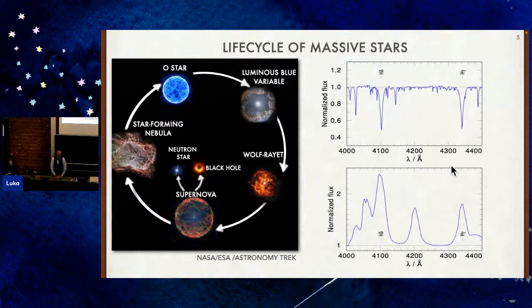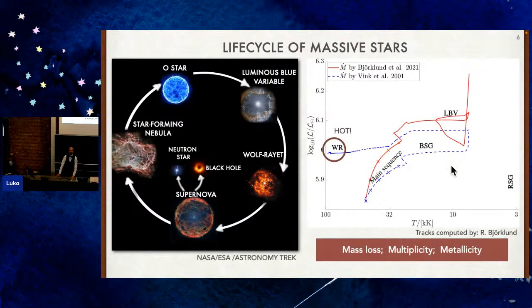Before going to Wolf-Rayet stars, there is another way we can view the evolution of stars. That is to track it on the so-called Hertzsprung-Russell diagram, where we measure the temperature on the x-axis and the luminosity of the star on the vertical axis, and see how they change with time.